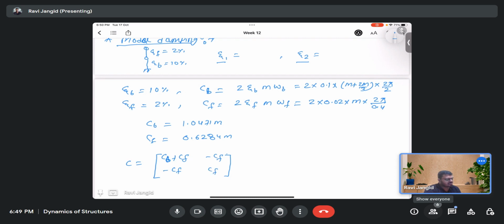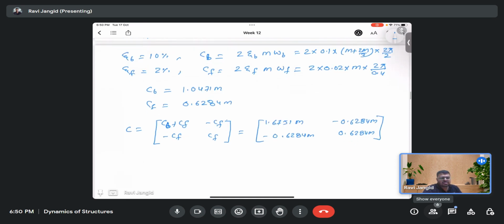So calculate the matrix, write down the C. So C_f plus C_b is how much? 1.6751 M, 0.6284 M, 0.6284 M, 0.6284 M. So now I have the C.